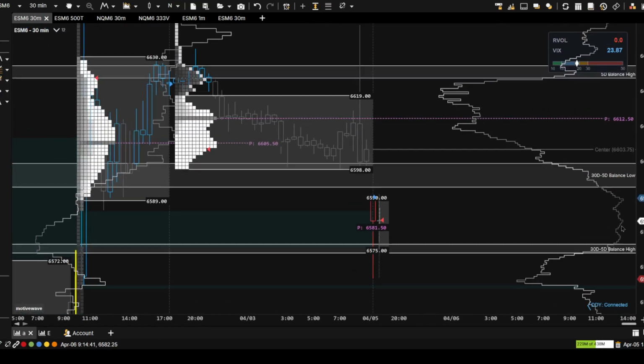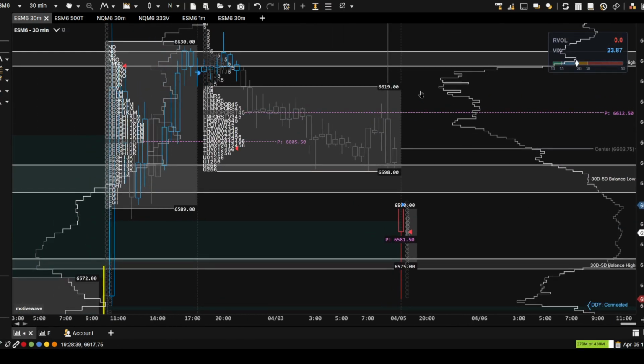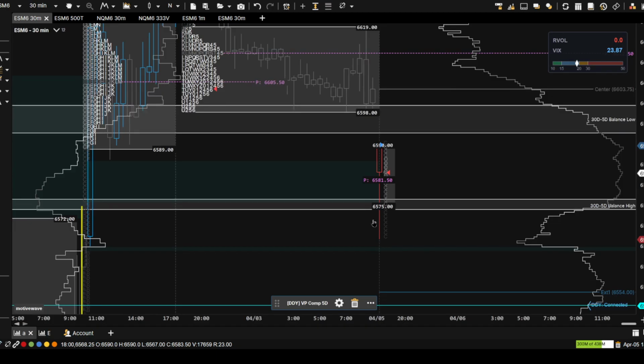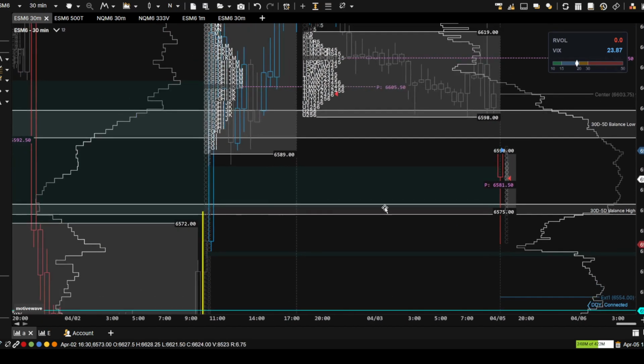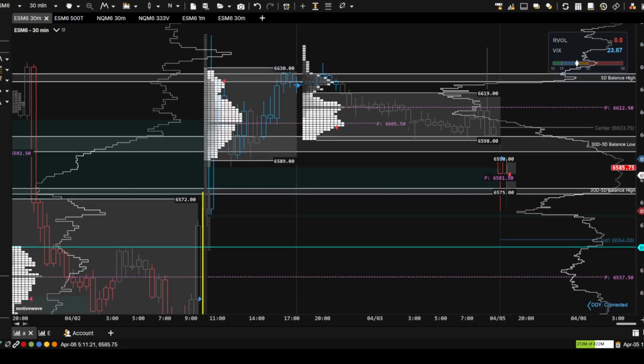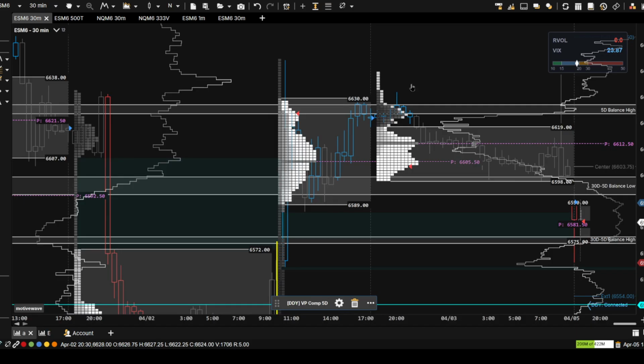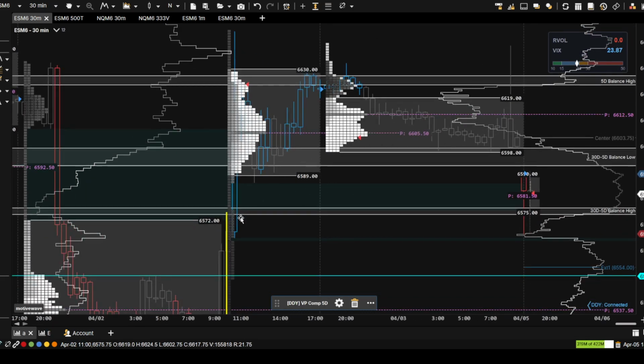This could be a setup that is called something like failed action, yeah, because this is a balance, we break it, but we failed to accept lower prices in this balance high of the 13 days and 5 days composite volume profile, and this could be what protected low. See the structure in the TPO, previous TPO.